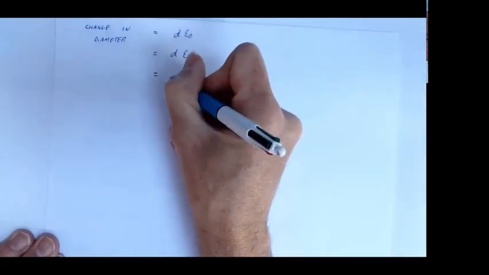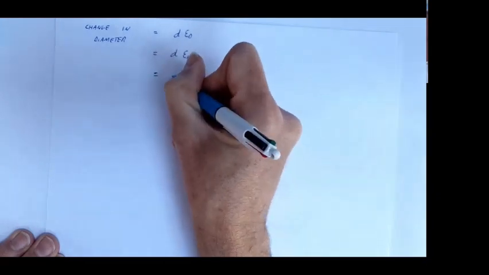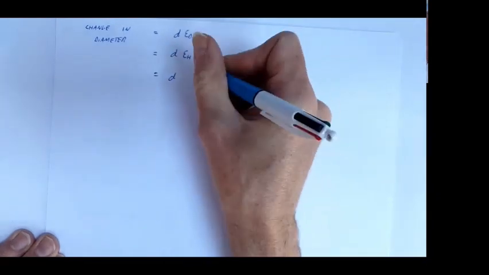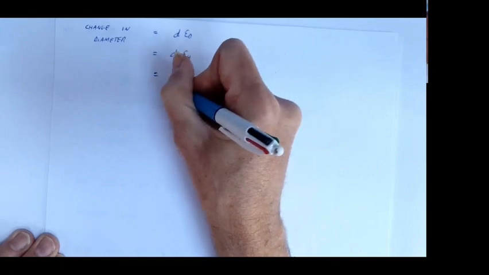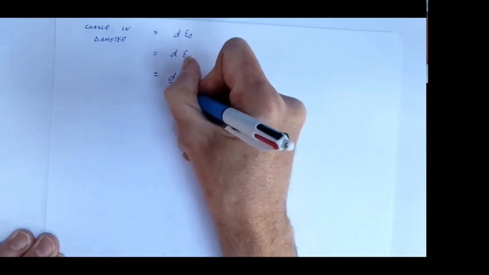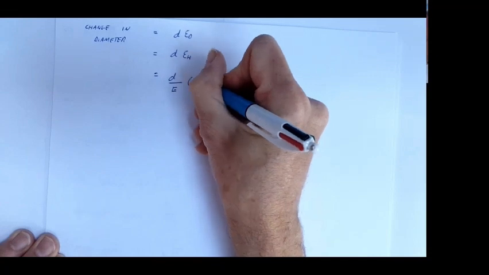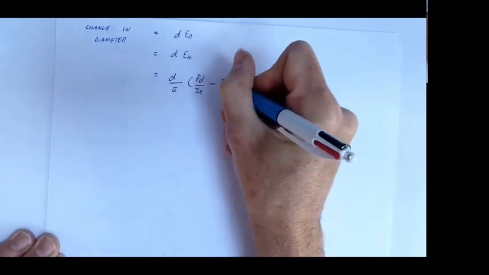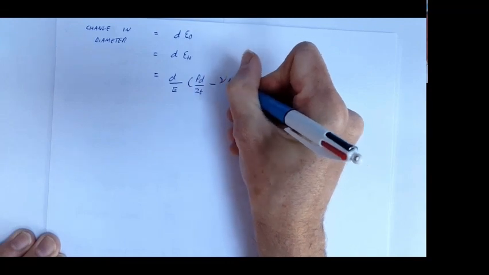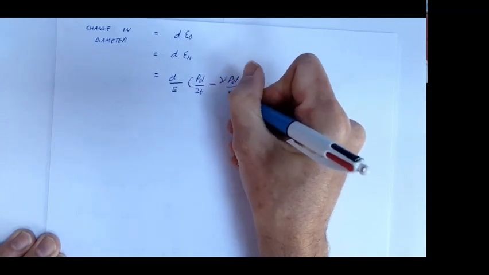So the change in diameter is the original diameter times by the hoop strain, which is 1 over E, lots of PD over 2T minus Poisson's ratio PD over 4T.